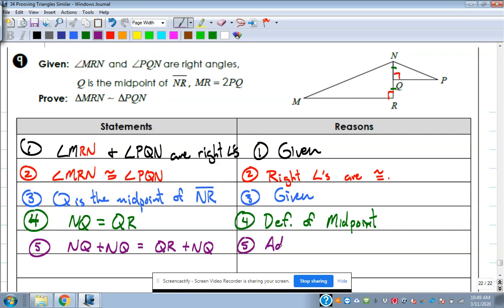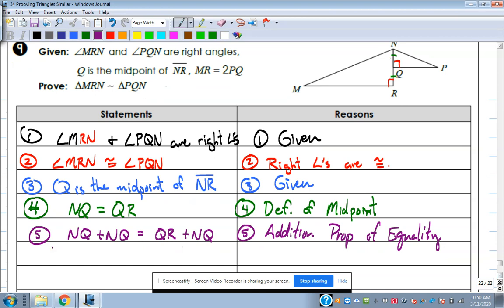Yeah, the addition property of equality. That builds us up to 2 NQ equals QR plus NQ. And that's just simplifying is all we're doing there.